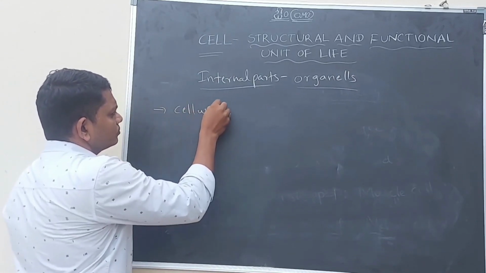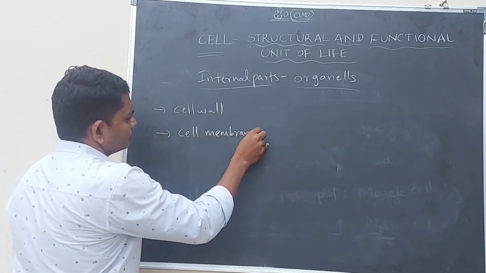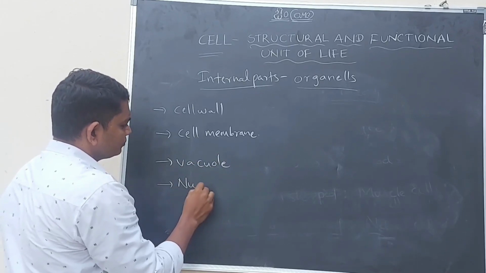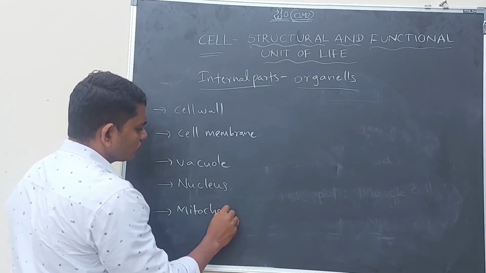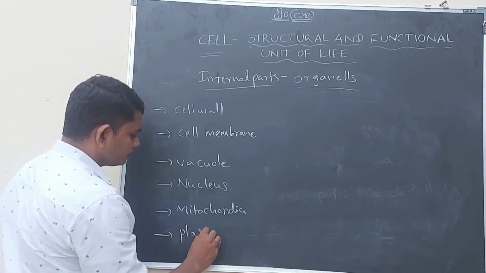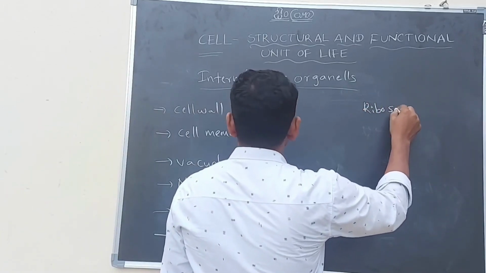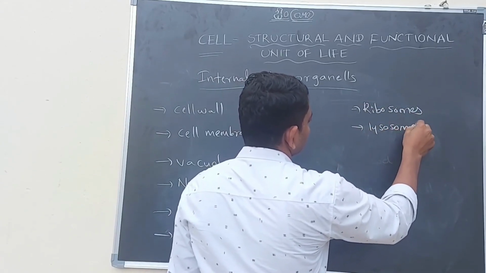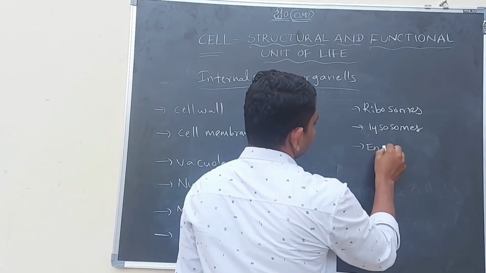Cell wall, cell membrane, vacuole and nucleus, mitochondria, and plastids, ribosomes, and lysosomes, and ER, endoplasmic reticulum.